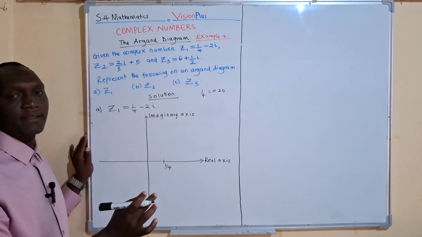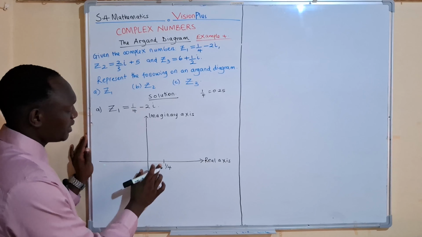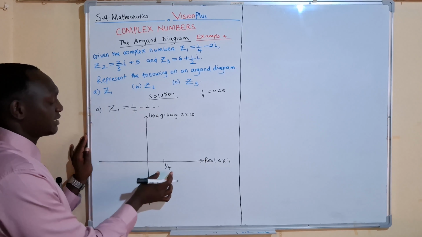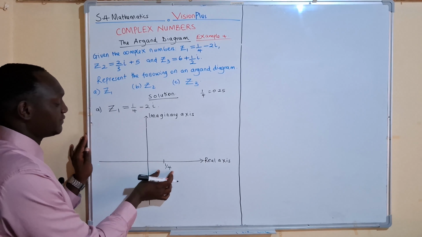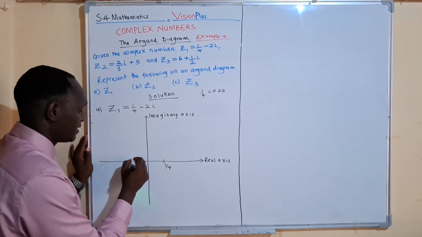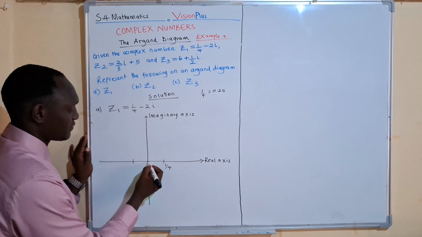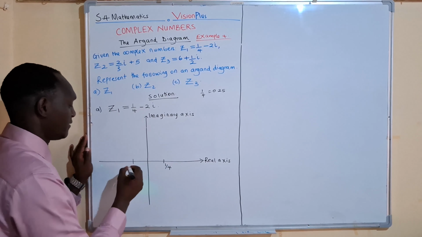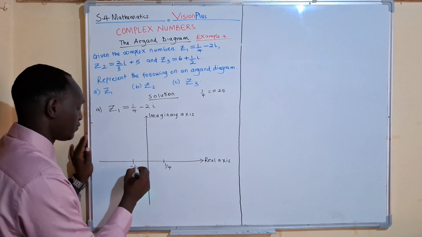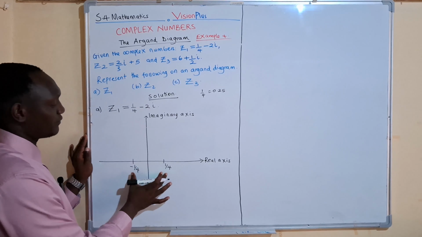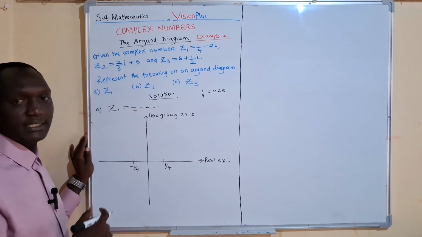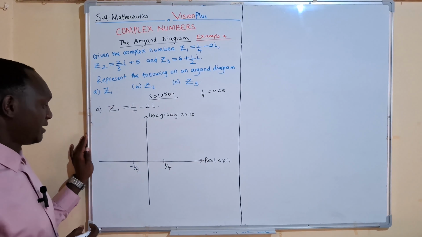That will make your work very hard. Having located here 1/4, then you come and also locate the corresponding negative value on this side. The same distance from here is the same distance from here up to here approximately. This is negative 1/4. Now you have represented the real part on the real axis of the complex plane.